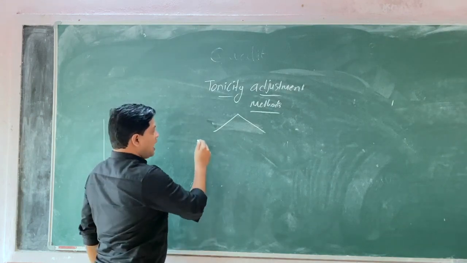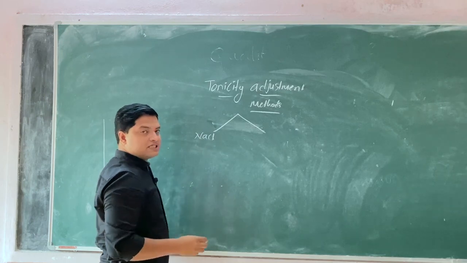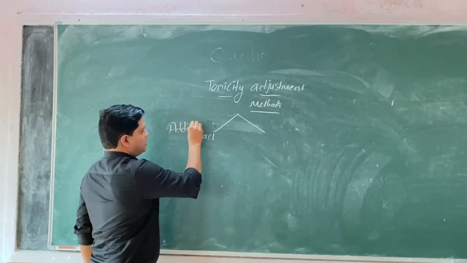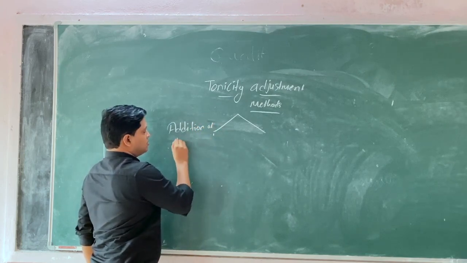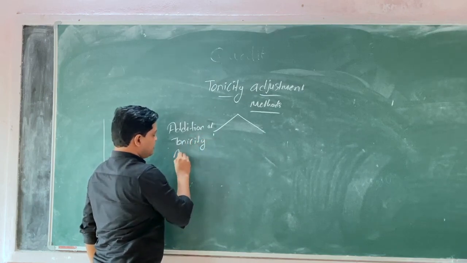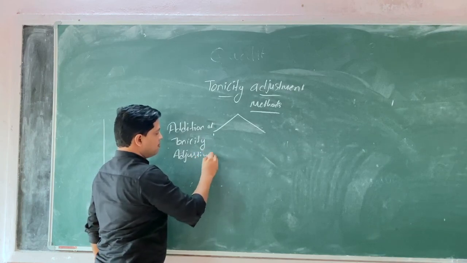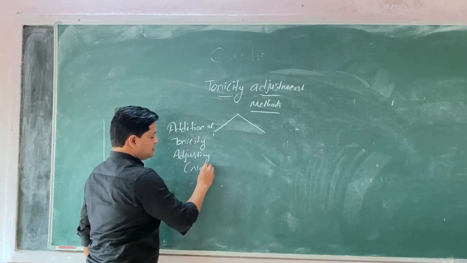First method is addition of NaCl, or you can say addition of tonicity adjusting material, that is your NaCl.